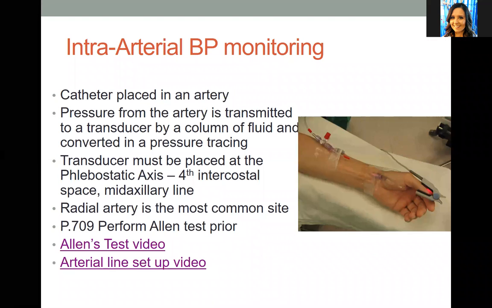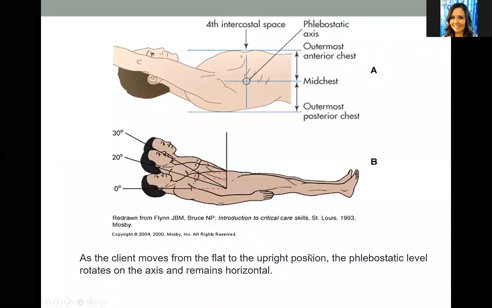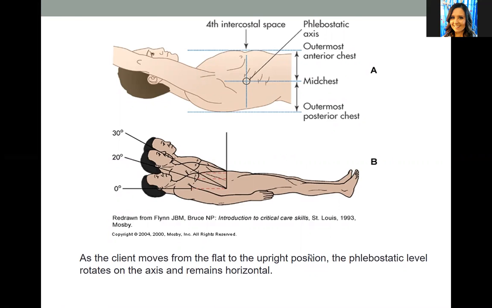When we talked about setting up our pressure monitoring device and tubing, remember the transducer has to be at the level of that phlebostatic axis. And here's a picture. Remember, it's the intersection of the fourth intercostal space and our mid-axillary line.